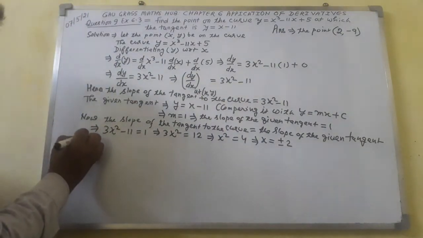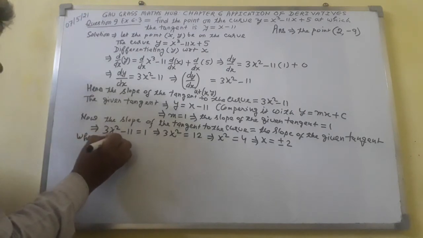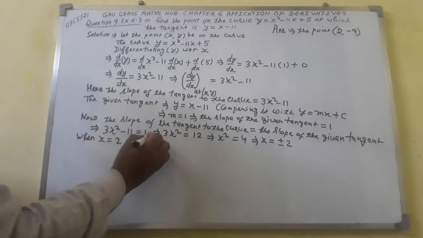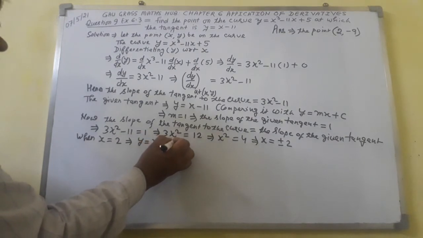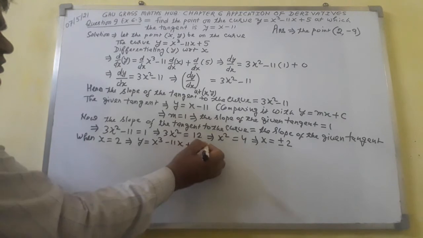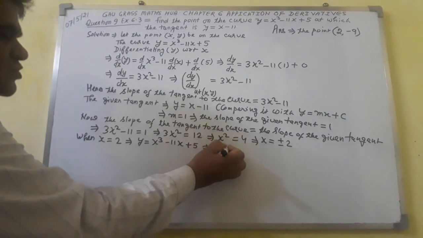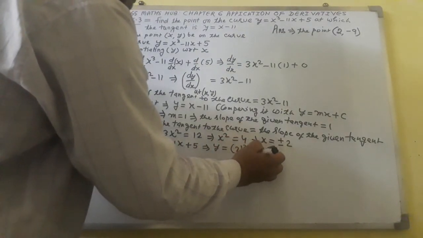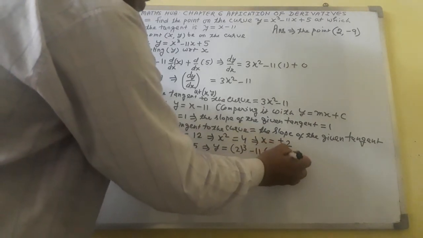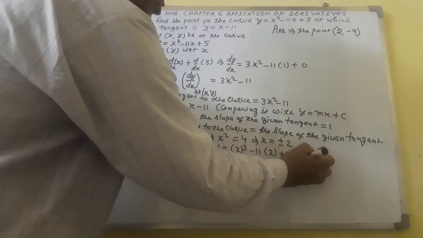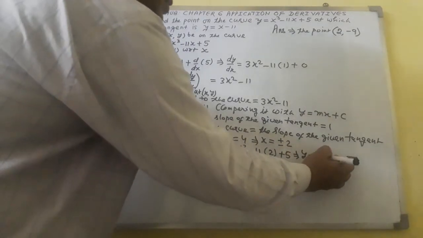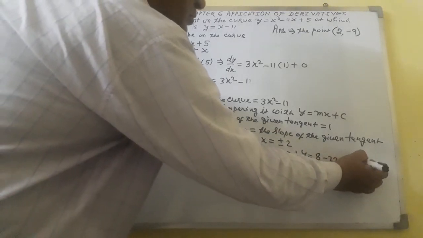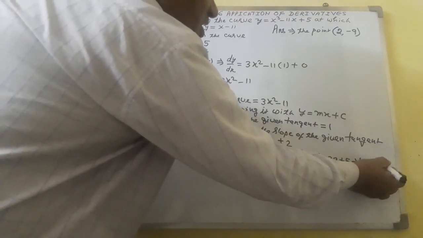Here again I shall write, when x equal to 2, implied that y equal to x cube minus 11x plus 5, implied that y equal to 2 cube minus 11 times 2 plus 5, equal to 8 minus 22 plus 5, comes out to be y equal to minus 9.